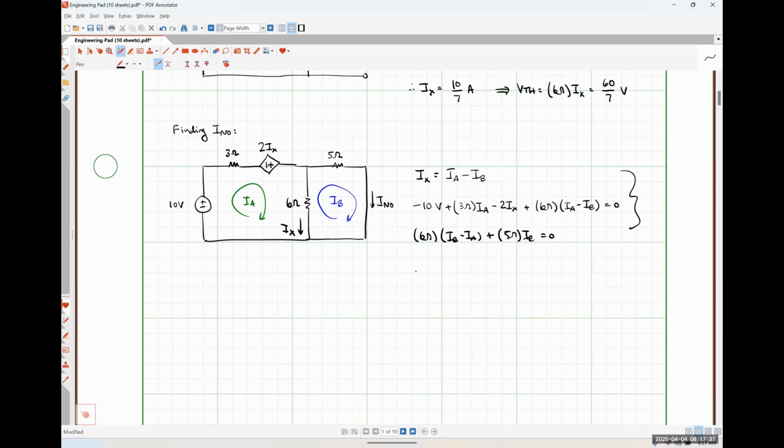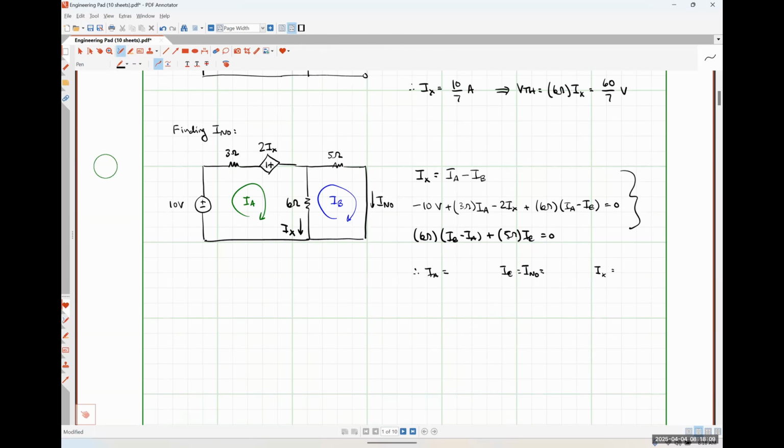And now I'll solve this system for IA, IB, and IX. And let me scooch that over actually. We could see, I hope pretty easily, that our mesh current IB is going to be the exact same thing as our Norton current. So I'm just going to go ahead and write that IB is equal to I Norton.